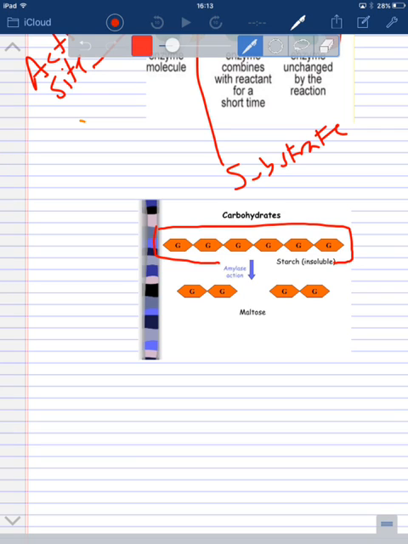And amylase here is going to take the starch and break it into smaller maltose pieces. Here is going to be the amylase.